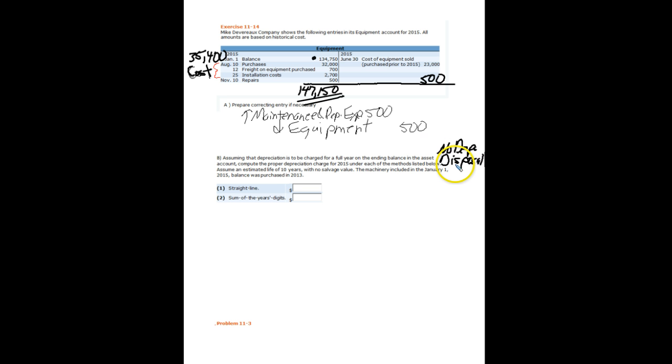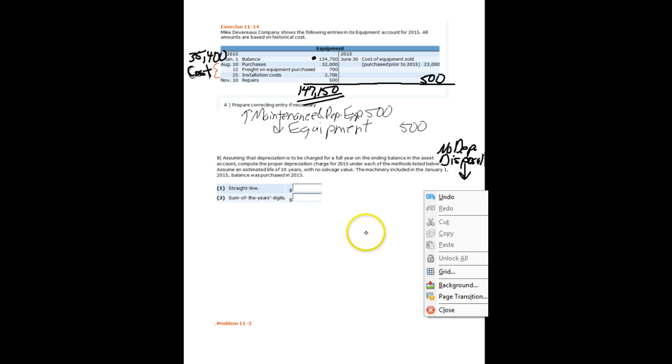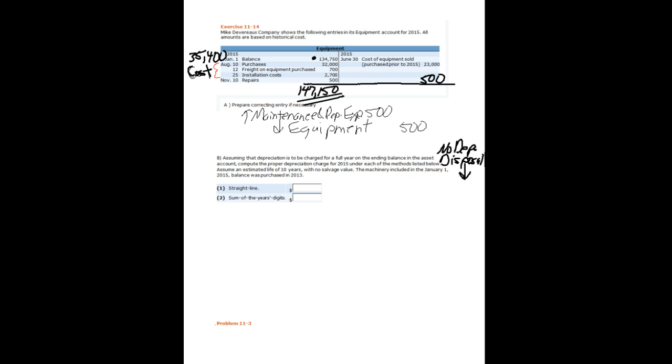If we dispose of a piece of equipment in the year that we sell it, or however we dispose of it, we will not record any depreciation expense. That does not meet generally accepted accounting principles. So how can this company have such a policy? Well, they can have a policy because the difference is probably immaterial.